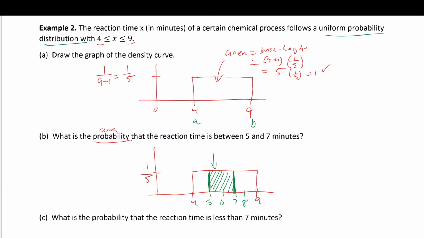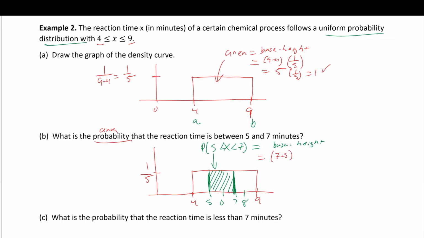In symbol format, that's the probability that this x variable is between 5 and 7 minutes. And that is equal to, well, what's your base here? And what's your height? Let's switch up the colors. The base is 7 minus 5, right?